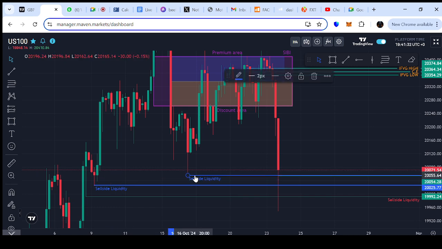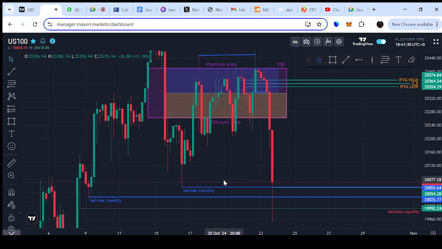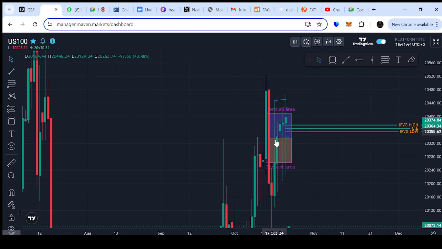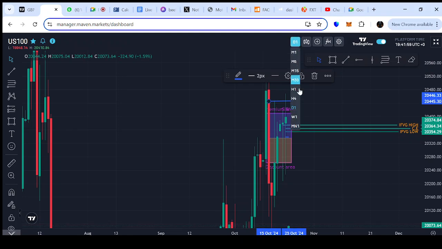The sell side liquidity, because we took out the daily buy side liquidity, which is this buy side liquidity you are seeing here. See this candle, that long wick, the high of that wick, that's the daily buy side liquidity.